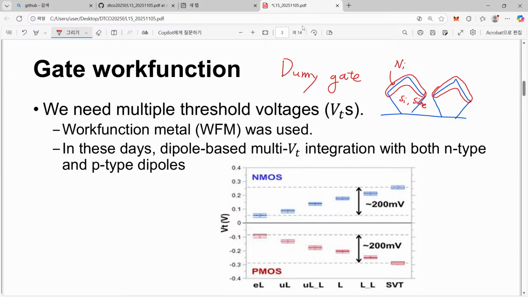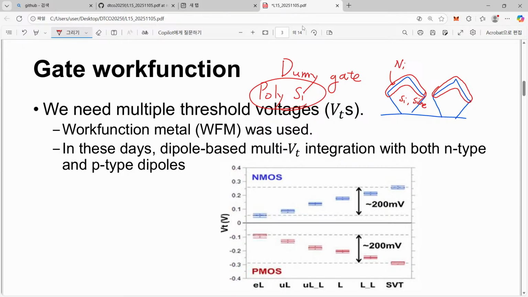There are dummy gates, and that is just polysilicon. So we will actually remove this polysilicon because polysilicon was just a placeholder taking about 20 nanometers inside this system, so that should be replaced.